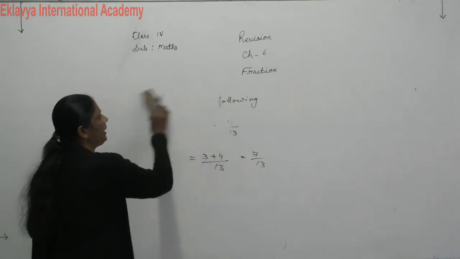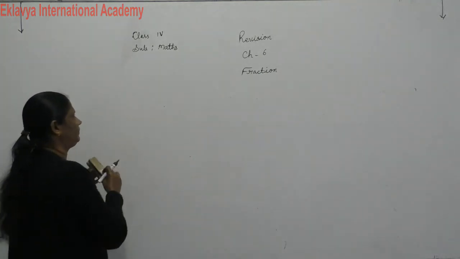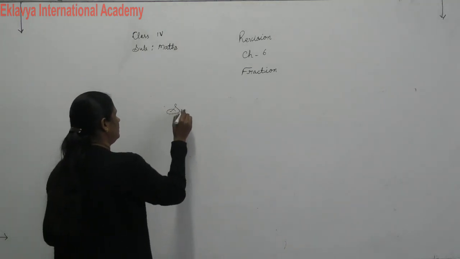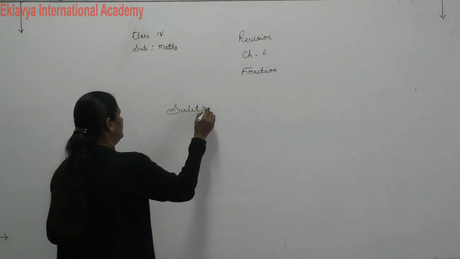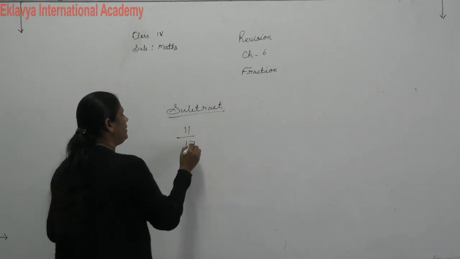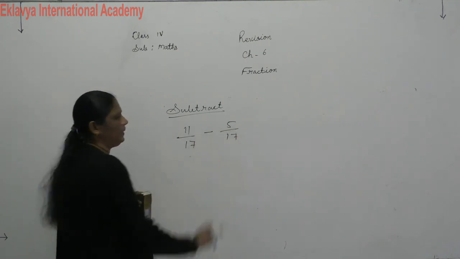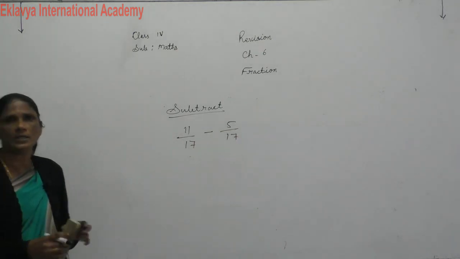Next, subtract the following: 11 by 17 minus 5 by 17. Here the denominators are same.